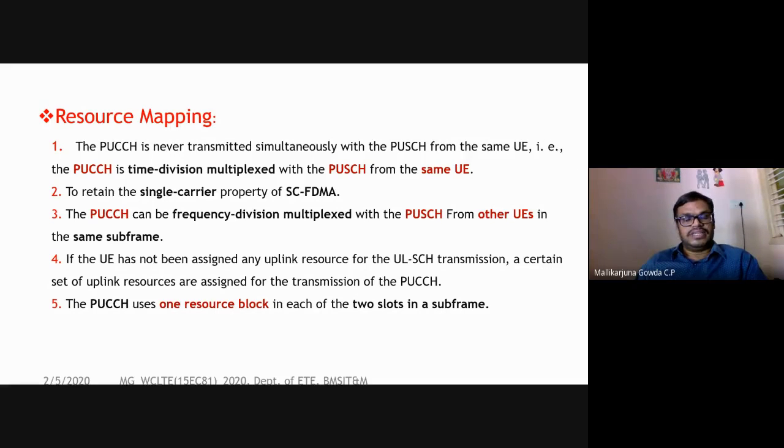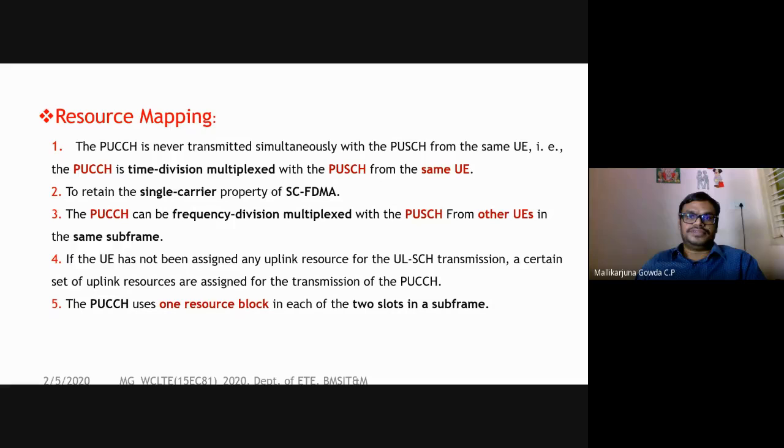As I said, the physical uplink control channel is time division multiplexed with the physical uplink shared channel from the same user equipment. Because of this, the physical uplink control channel cannot be transmitted simultaneously with the physical uplink shared channel from the same user equipment. Why is it done so? It is done to retain the single carrier property of the SC-FDMA.